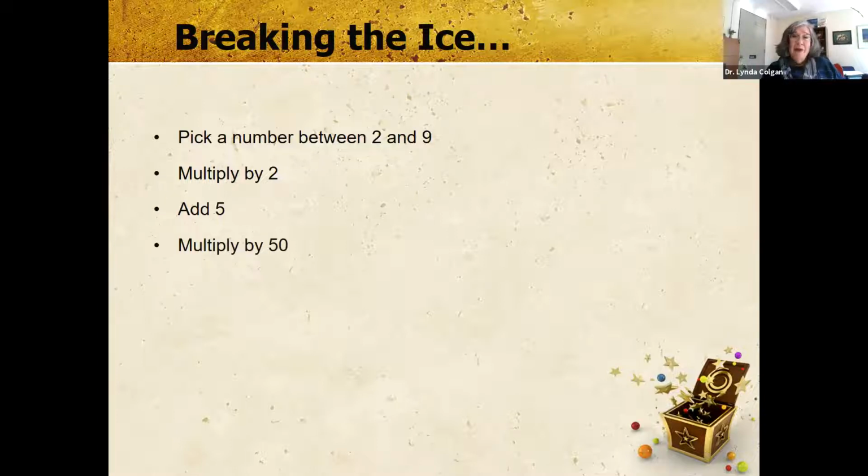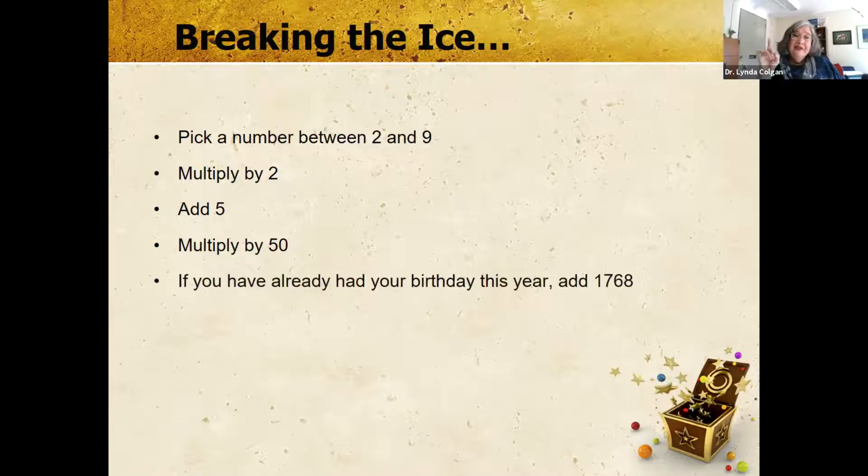Now I'd like you to multiply by 50. Multiply by 50. I can hear lots of work happening there. Now, this is very important, so pay attention to this step.